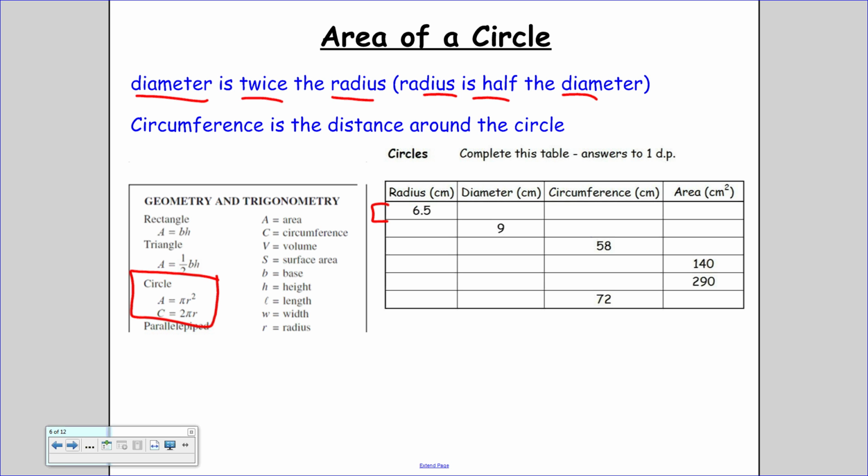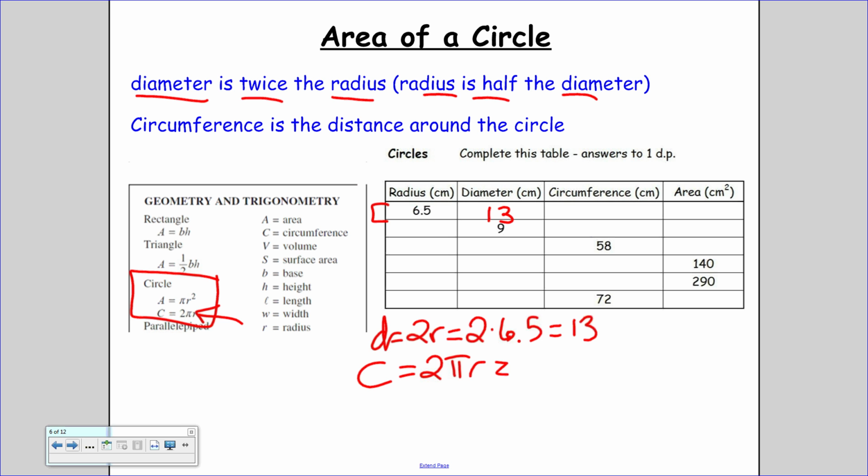If the radius is 6.5, the diameter is twice the radius. So that is 2 times 6.5, which is equal to 13. Okay, the circumference, capital C, is 2 pi r. And I'm just going to use 3.14 for my pi.